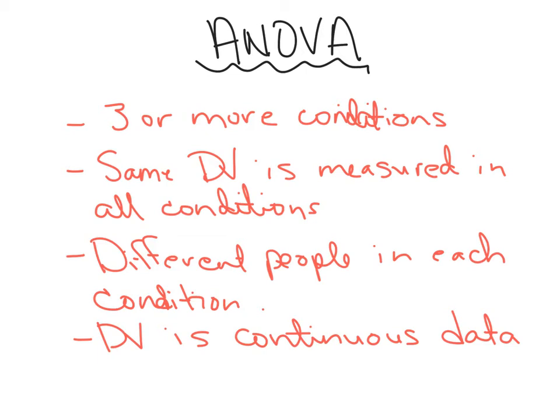For the one-way ANOVA, to go backwards: we have 3 or more distinctly different conditions, and the same dependent variable is being measured in all those conditions. Different people are in each of the conditions, and the dependent variable is continuous data, either interval or ratio. So think 3 conditions, 3 or more with ANOVA.